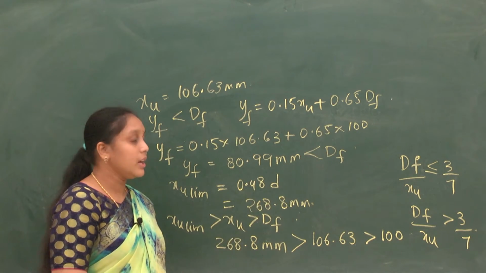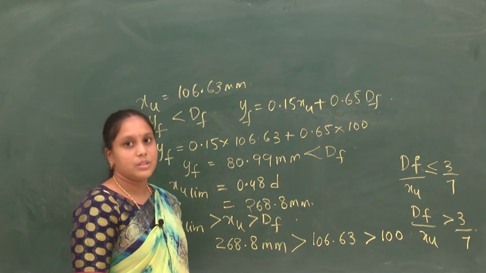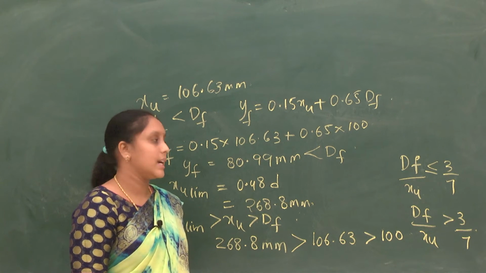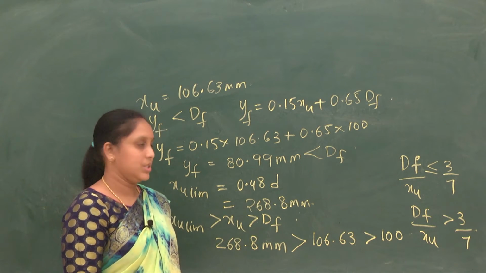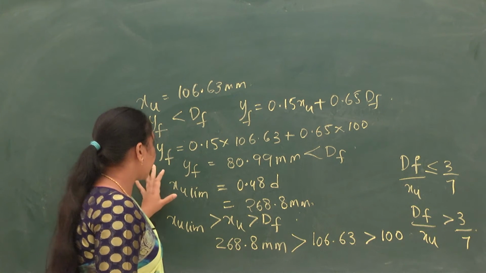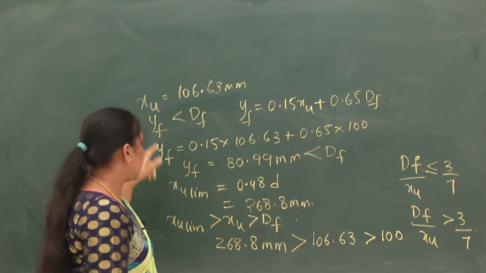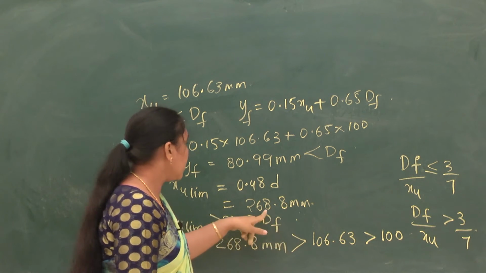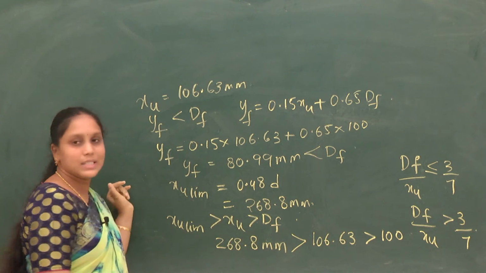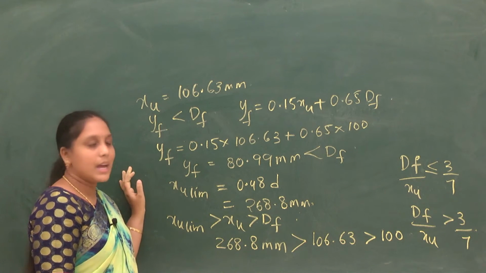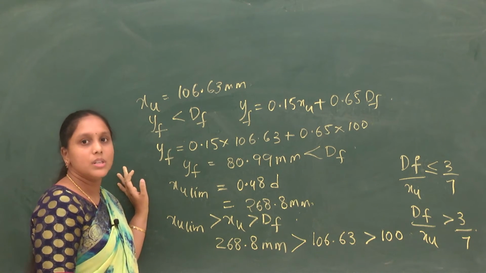You have to check for these two cases, and based on that value we have to calculate the moment of resistance. From these xu and xu limit values, we can find that xu is less than xu limit. If xu is less than xu limit, this type of section is called an under reinforced section.